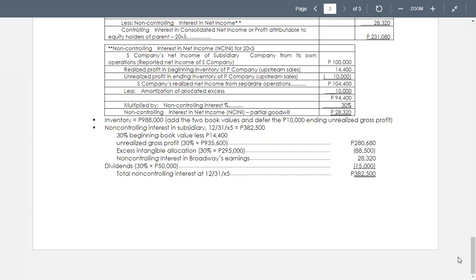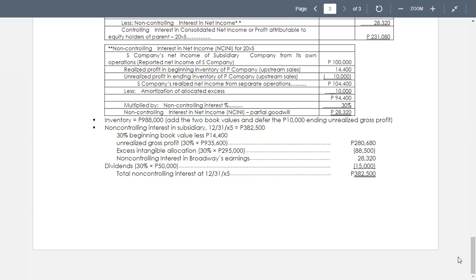Downstream sales, sales from P to subsidiaries, 414,000. You add 225 and 189. 414,000 times 15 over 115, you get 54,000.